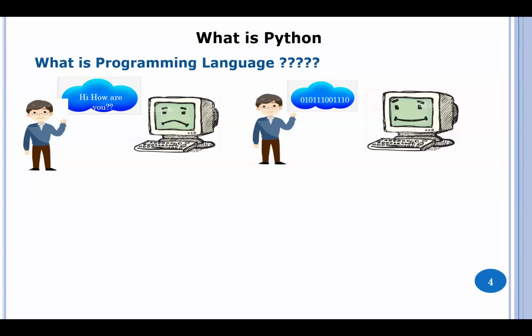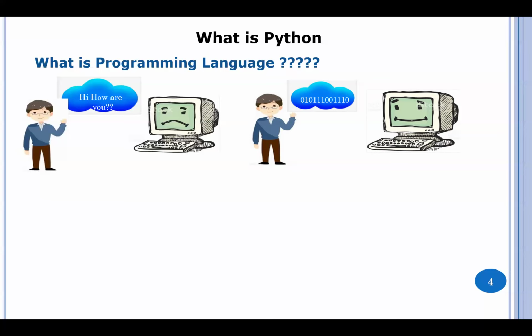And the next important thing here is that a machine does not understand English or Hindi or any such language. A machine will understand only one language. What is it called?